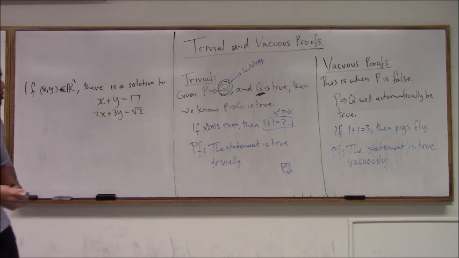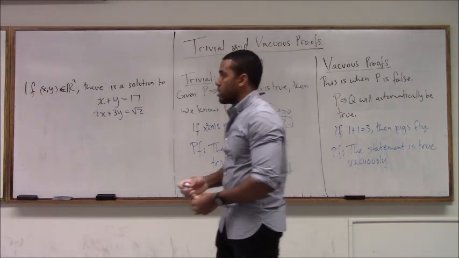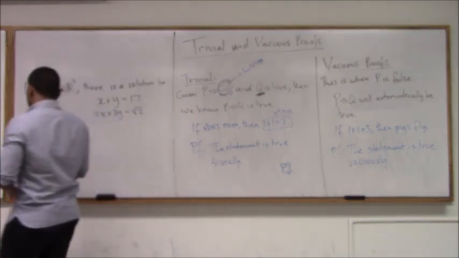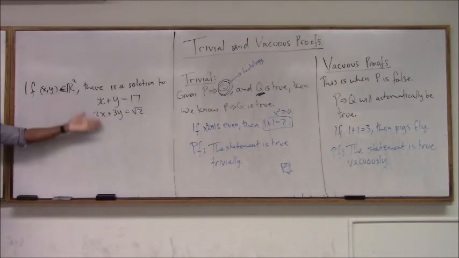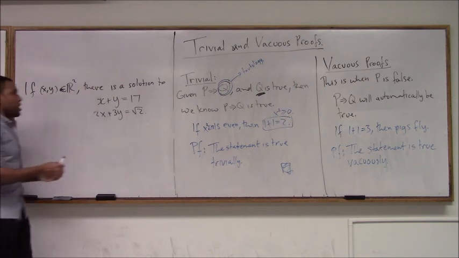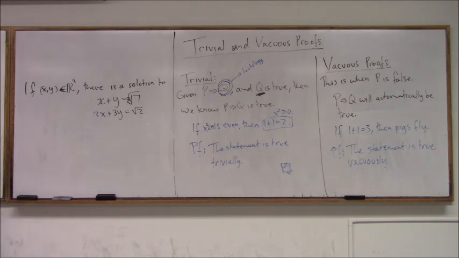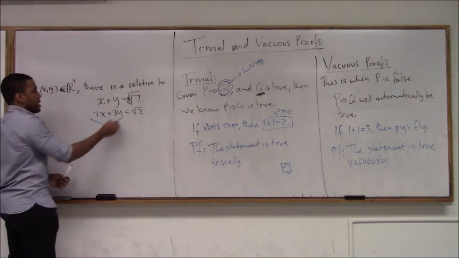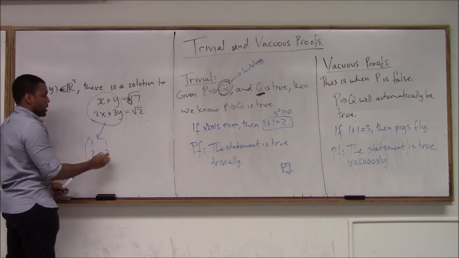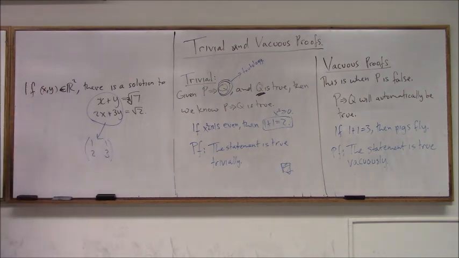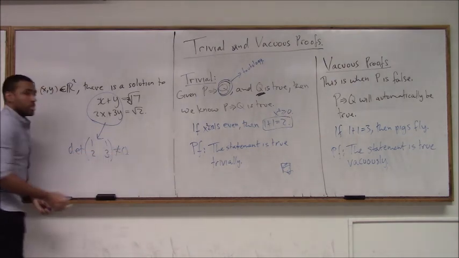Now, let's say I gave you something like that, and that's a very generic statement. You might actually go through and do a lot of work solving this, but the numbers might be ugly, like I put the cube root of 3 or something. However, as a linear algebra student, you'll be able to recognize that the coefficient matrix of this system is something like 1, 1, 2, 3, and that the determinant of this is not 0.